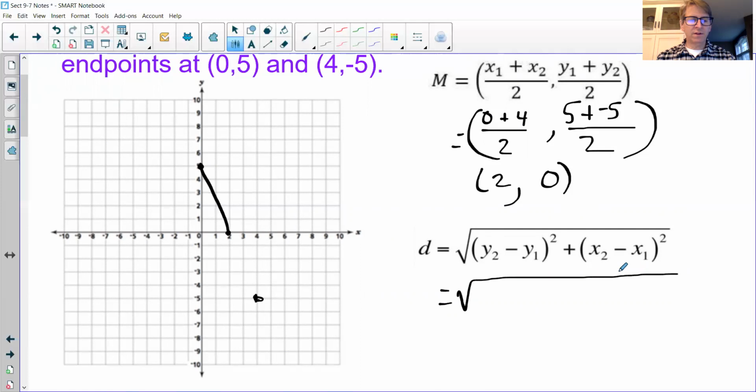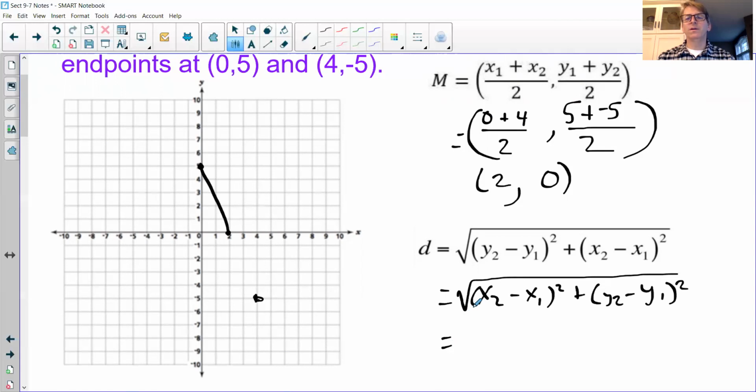And let's go ahead. I'm going to flip this around this time, because that's how your x2 minus x1, not sure why it was that way, plus y2 minus y1, that's squared. I just flipped them around. Okay, so we're going to take the x. We're going to go 0 minus 2.